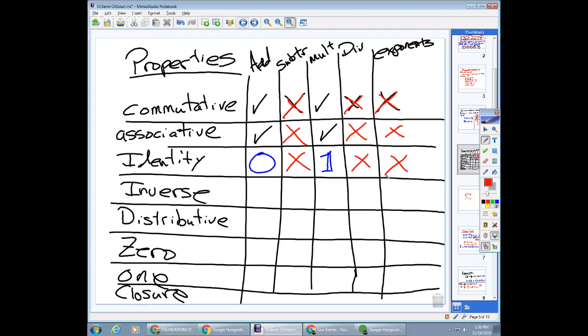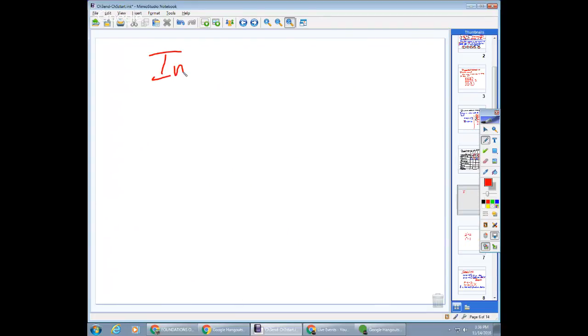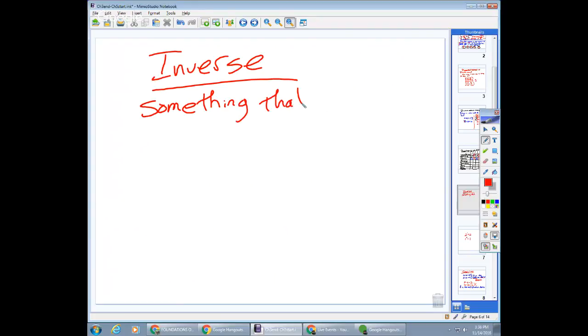Inverse. What does inverse usually mean? Yeah, so opposite. Now we're getting a little ahead of where we're at, but we need to talk about it a little bit. Inverses. An inverse is something that leads to the identity. There are inverse numbers and inverse operators.